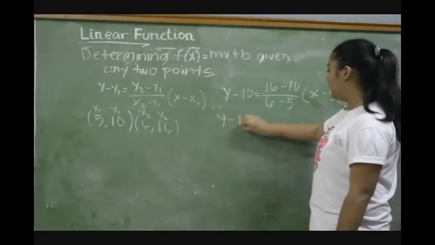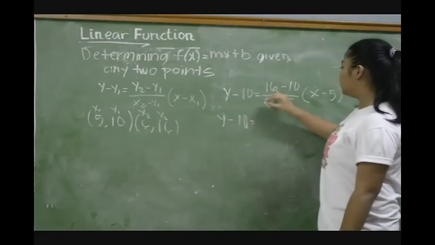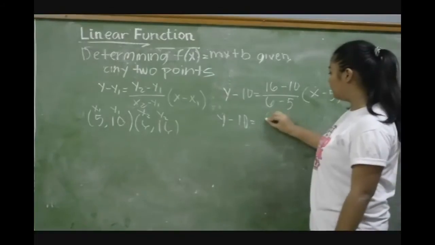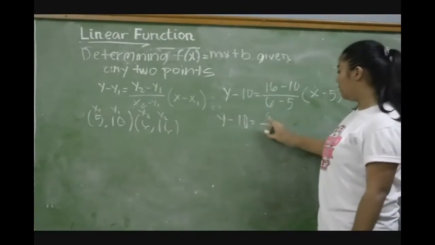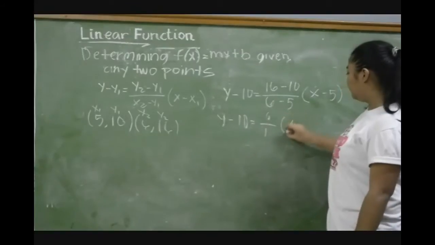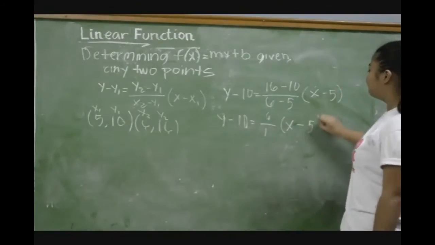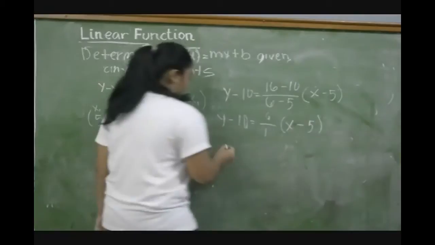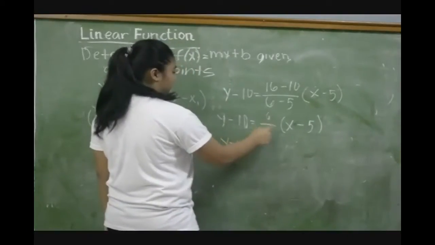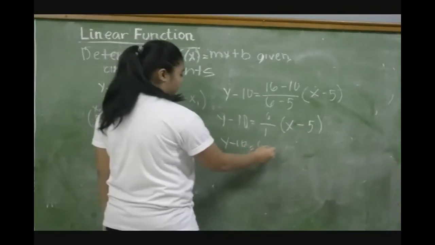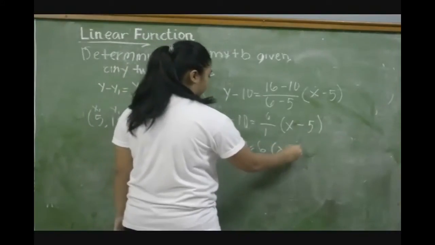Y minus 10 is equal to 16 minus 10 is 6. Then 6 minus 5 is 1. Then copy this. Y minus 10 is equal to 6 divided by 1 is 6. Then x minus 5.